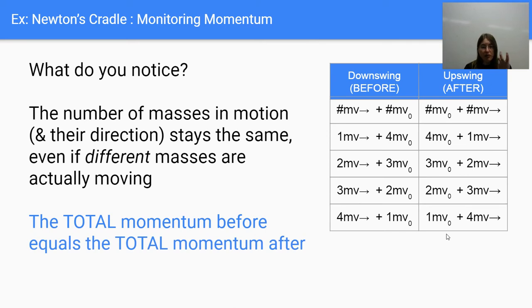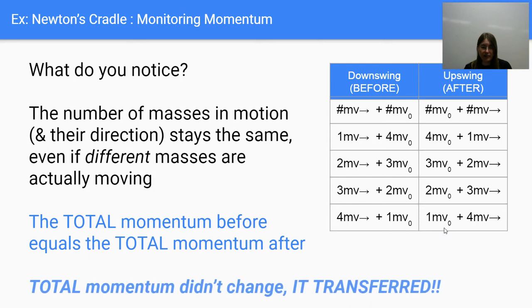So the total momentum before the interaction is exactly the same as the total momentum after the interaction. That's conservation of momentum. Momentum is conserved, is saved, it stays the same. So the total momentum didn't change. What's happening is it's transferring. It's transferring between objects, right? But we still have 4 moving, 1 not moving, 1 not moving, 4 moving. It stays the same. It's pretty cool.